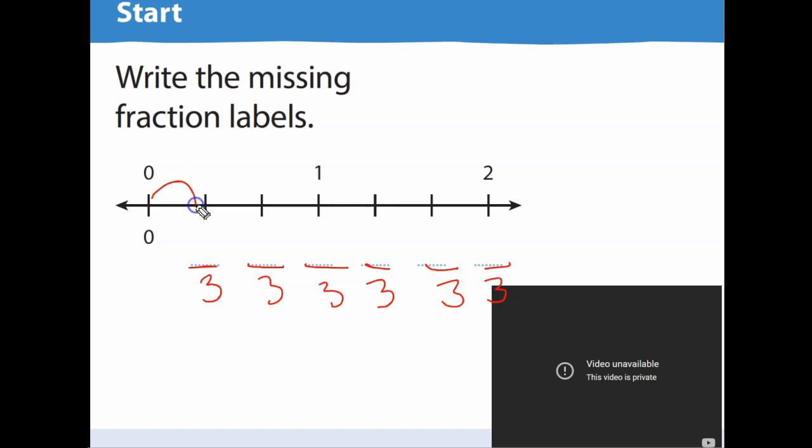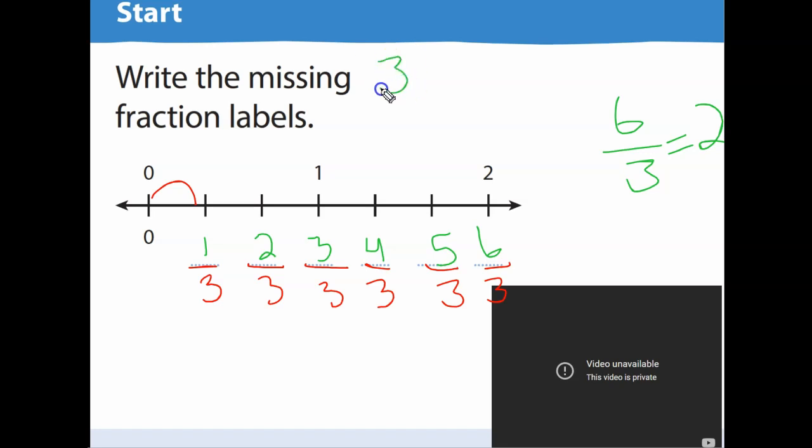Now, from here to here's what? 1. That's 1/3. What comes next? 2/3. What comes next? 3/3. What comes next? 4/3. What comes next? 5/3. What comes next? 6/3. Do you notice when it's 6/3, that equals 2?